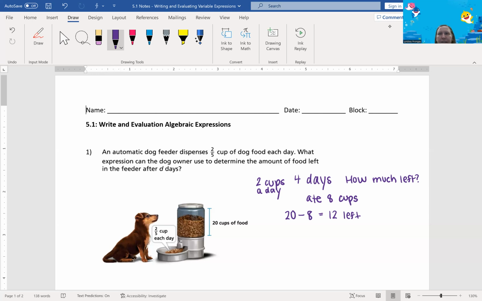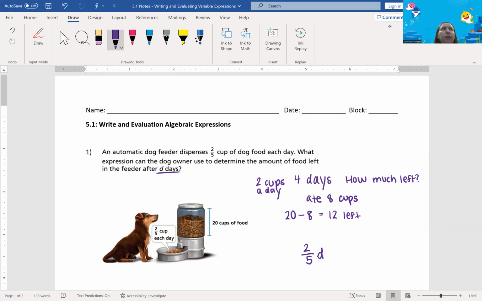So now to take this information and write that variable expression from it, well, it wasn't 2 cups a day, it was 2/5 cups a day. And we don't know the number of days. That's our variable. We're calling it D. But above, we said 2 times 4. So in this case, we're going to say 2/5 times D, which we could just write as 2/5 D. Okay, 2/5 a cup a day times the number of days.